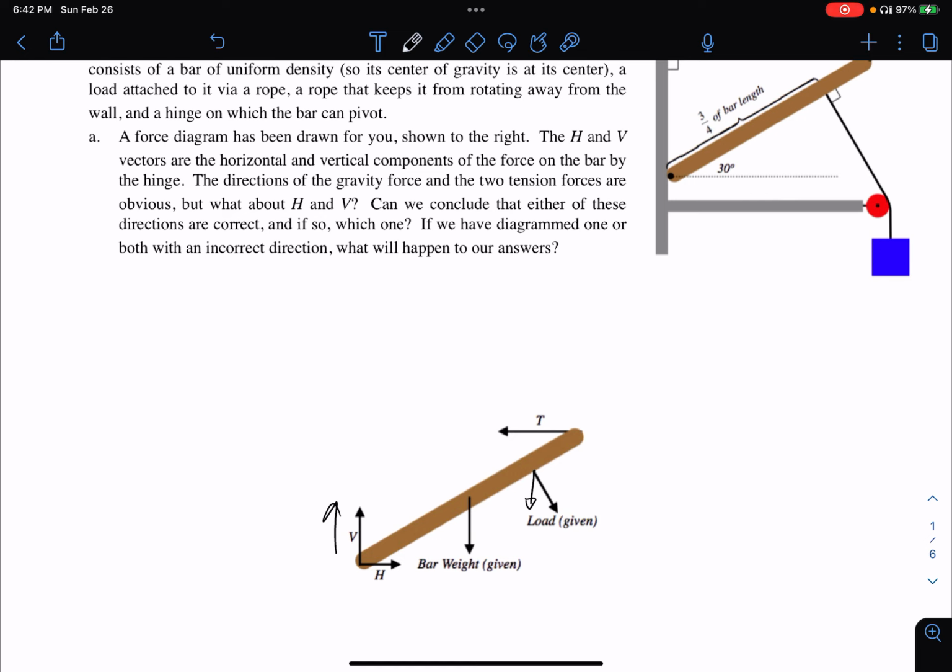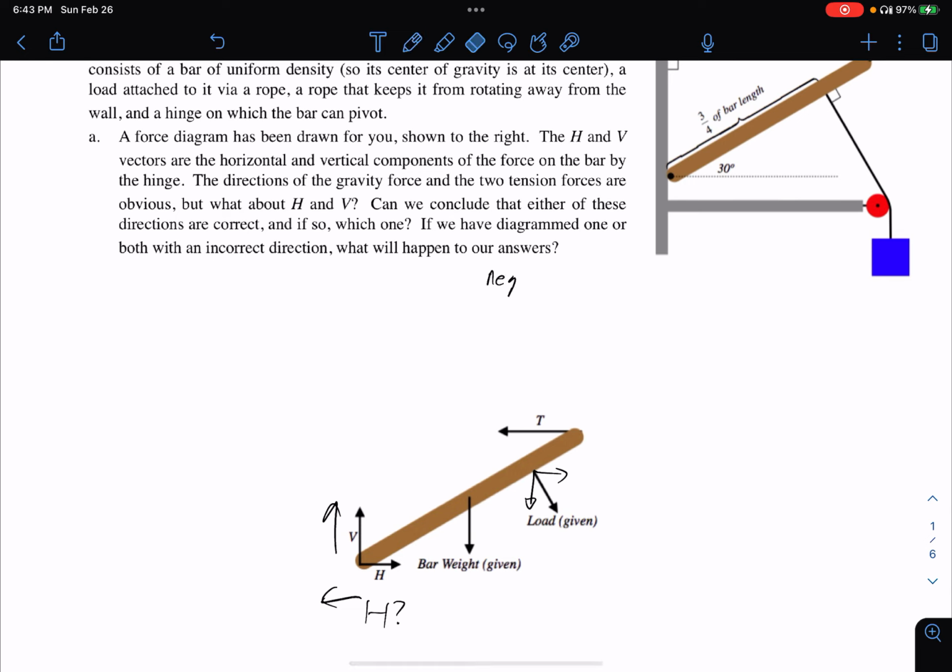But the horizontal component for this load is pointing against this tension. So for H, it might go the other way, and we don't know yet. But we don't need to really know the direction, because for the wrong direction, we'll just get a negative.